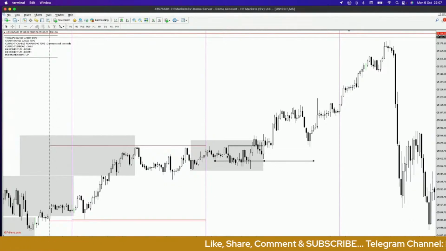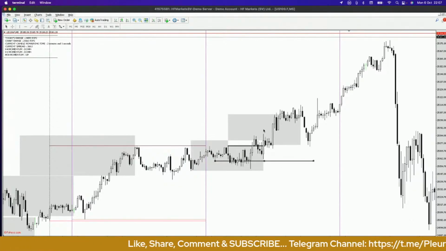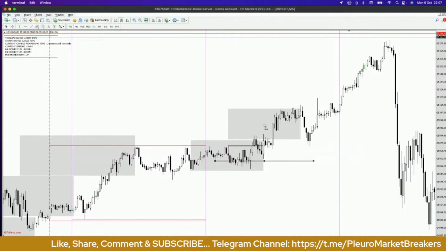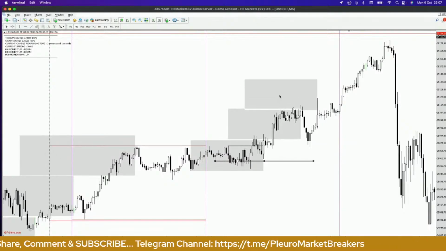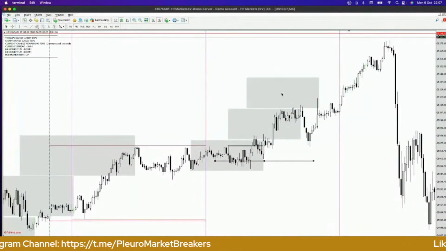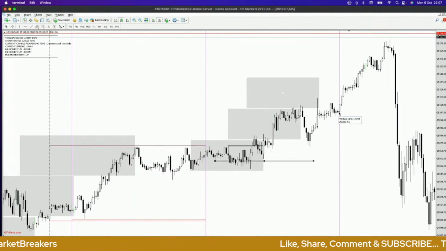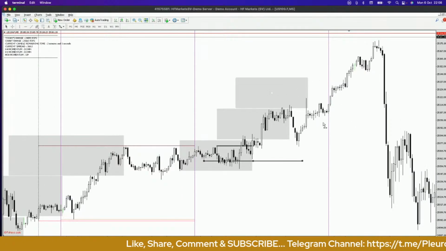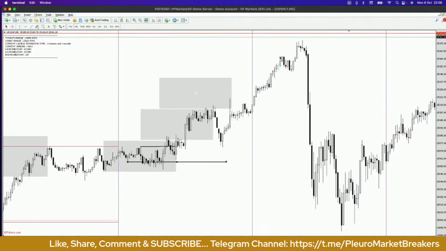So let's count. 1, 2. Like I said, I will probably be out here. By the time we get here, I'm out. Why? Because we're going into New York and I want to see what New York's going to do. Now, could you have guessed this?